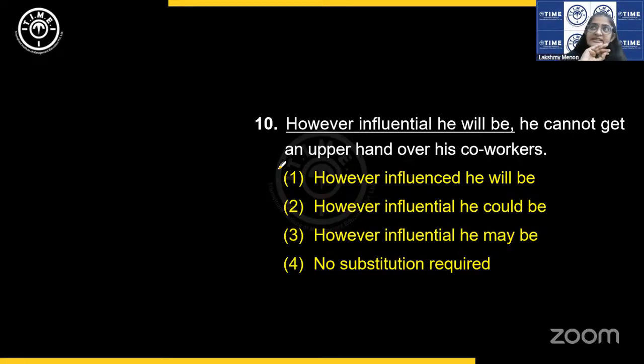Okay, this is something we use. Many people think may be is used only for possibilities. This particular usage of may be is even when there is a certainty. We use this when we are trying to say that something will not be the way it is expected, to show an irony of sorts.